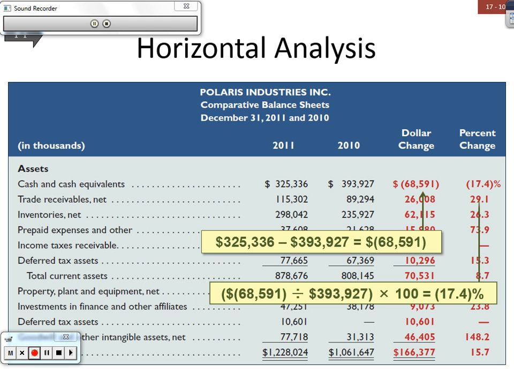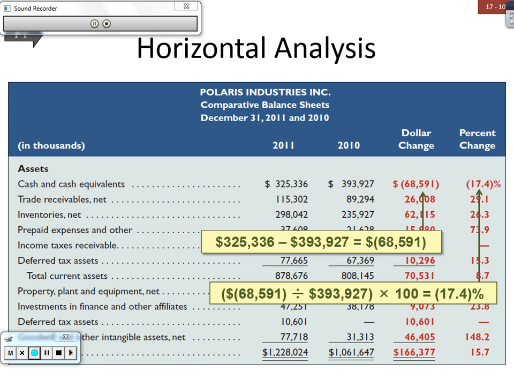comparison. So look at what they do here. They're showing you how they got these amounts, right? Dollar change for cash and cash equivalents, $68,591. They got that from taking 2011 and then subtracting out 2010. So taking the current year and subtracting out the previous year gave them the dollar change difference.